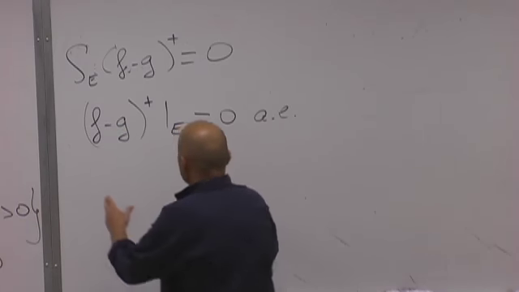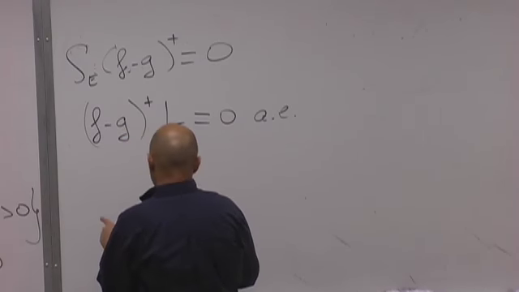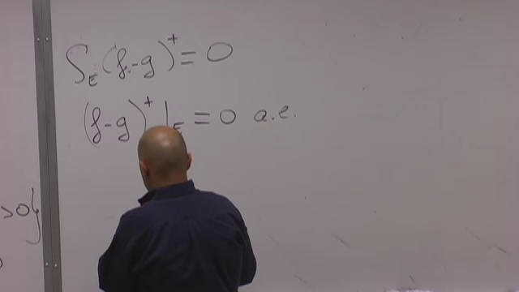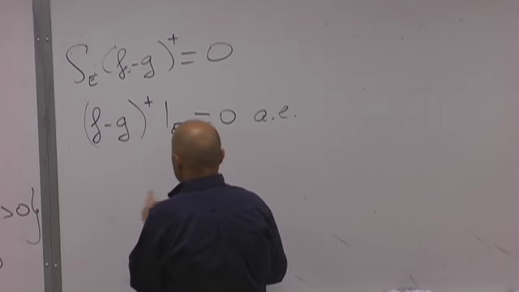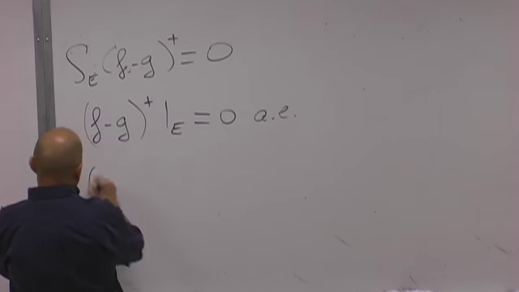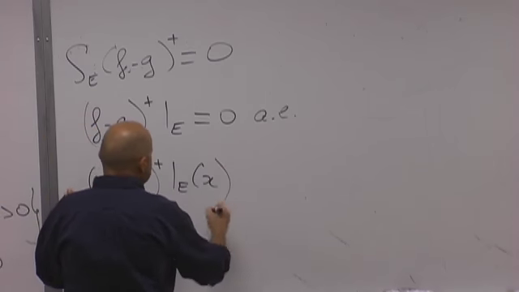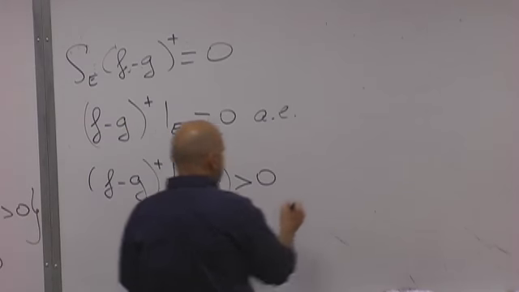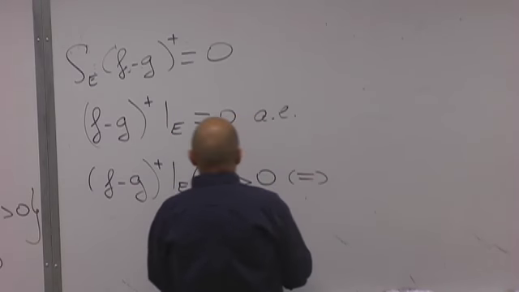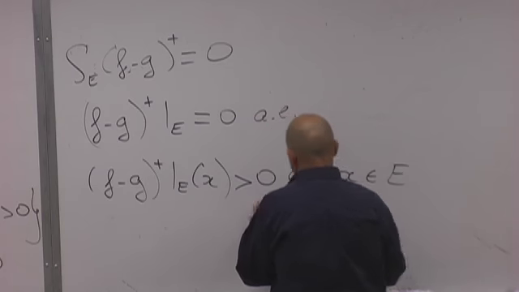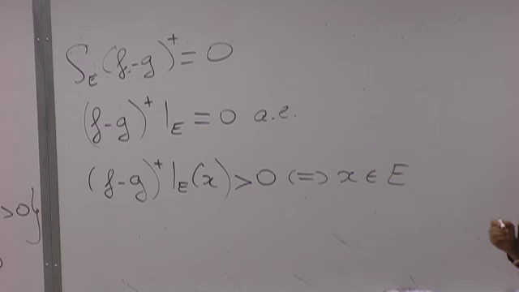Because let's see. So f minus g plus 1E of x is strictly bigger than 0 if and only if x belongs to E. Right?